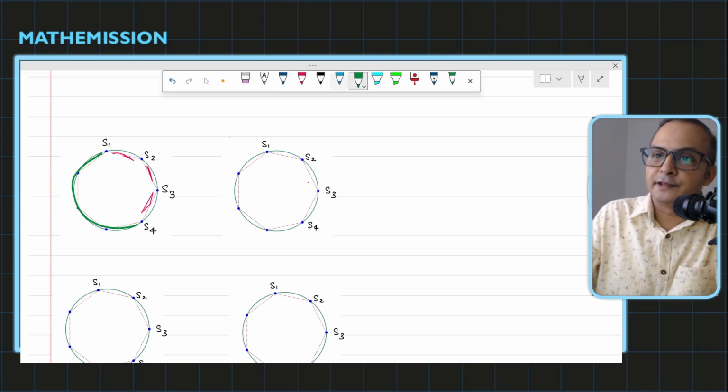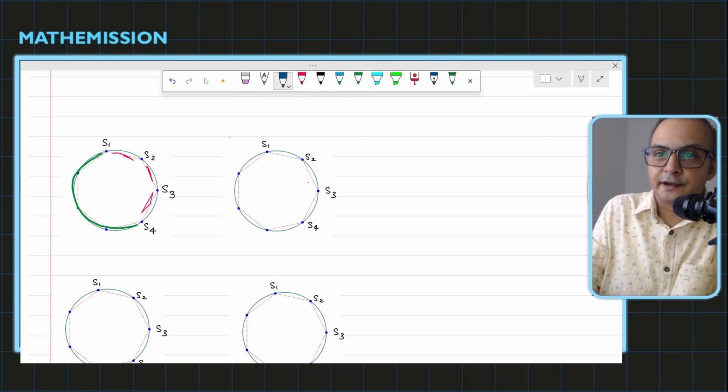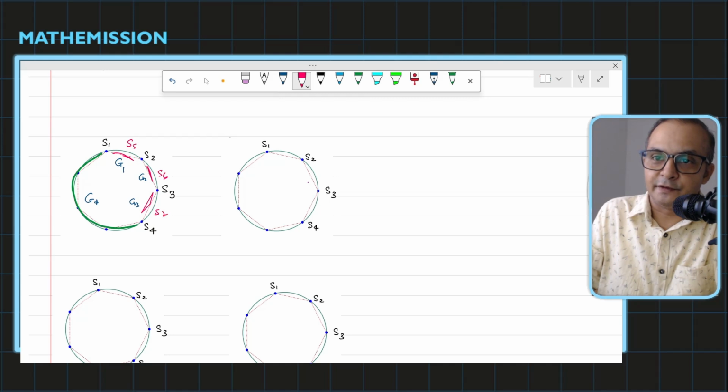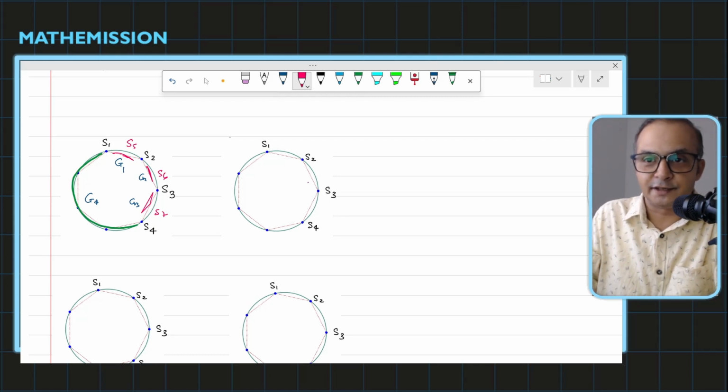Let me write the names in ascending, let us say clockwise order: G1, G2, G3 and this whole thing is G4. Suppose we substitute in this gap S5, then here S6 and then here S7. So this work is over, because now you see that the stoppages we have chosen are not consecutive, because S1, S5, S2 and S6 are coming. This is the choice of stoppages.